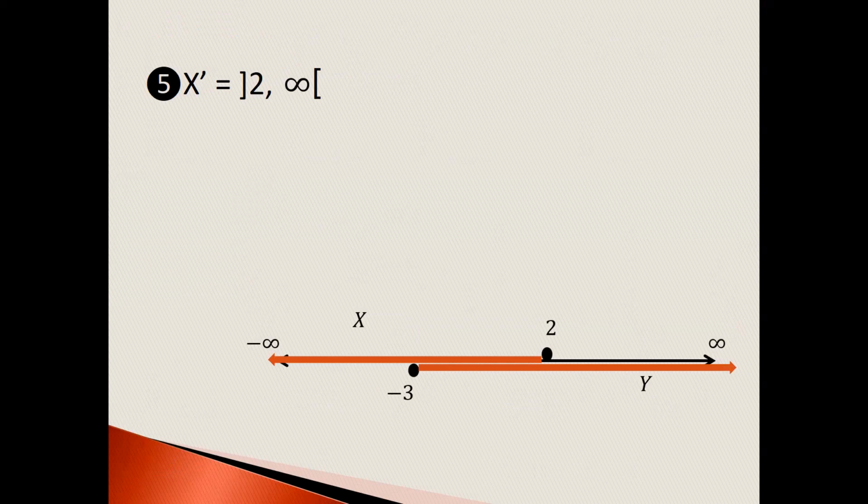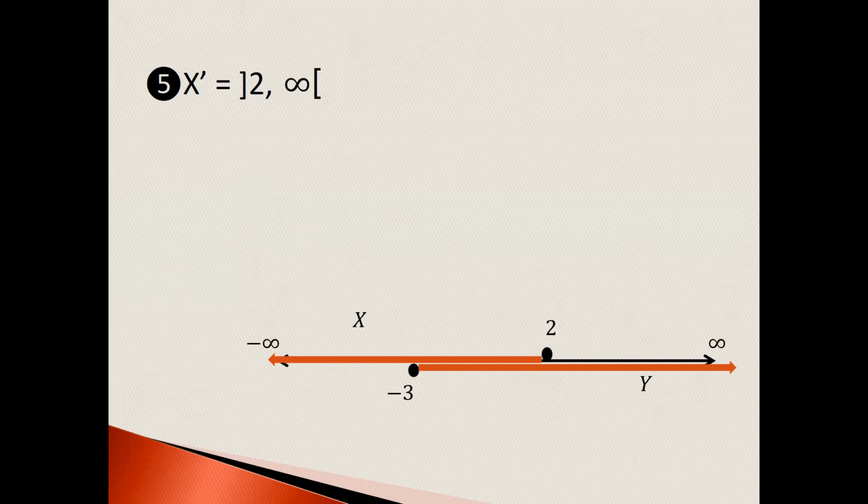X complement. I cancel Y from R. I'll cancel the numbers of X from R, and that will be the answer: 2 and infinite.